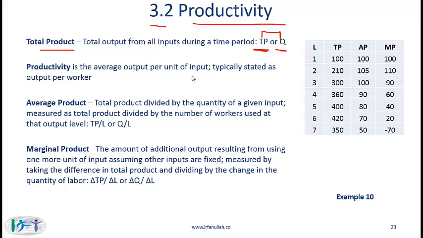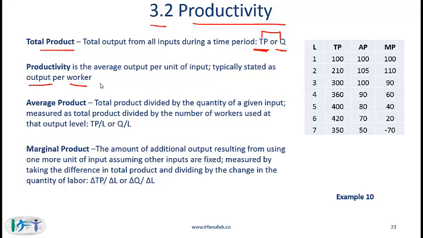Typically it is stated as output per worker or output per unit of labor. Obviously we can also have productivity measured as output per capital or output per some other factor of production, but mostly in economics textbooks we look at output per worker. This is the easiest to measure.